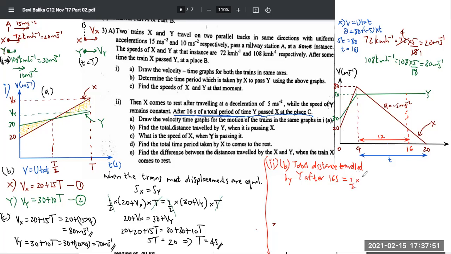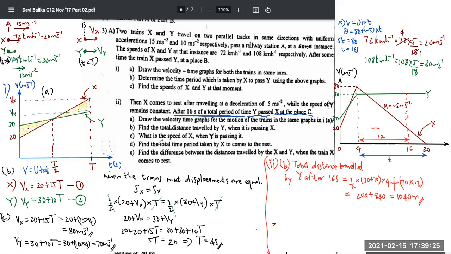Half into 30 plus 70 into 4, that is the area of this green trapezium, plus the area of this rectangular part, which is 70 multiplied by 12. So here it's 100 into 2, that is 200, plus 70 into 12 is 840, and the final answer is 1040 meters.